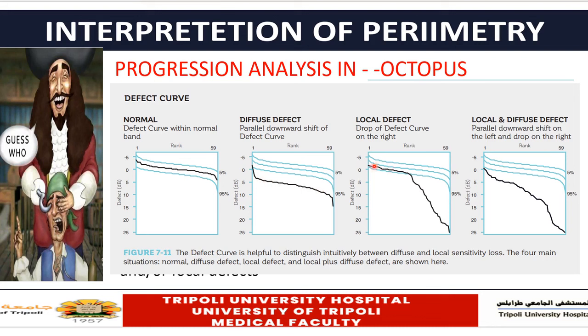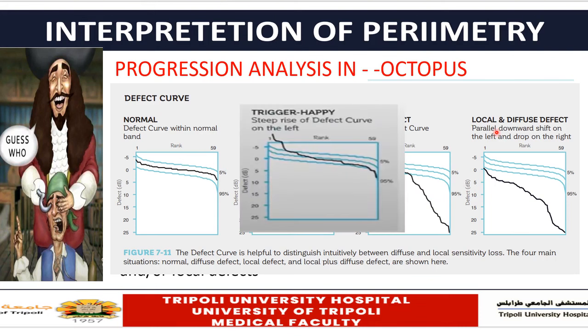Or sometimes the normative data is okay, then there is a sudden abrupt drop or shift in the right side of the slope of the curve, or a combination of both, a generalized downward shift along with the defect, indicating local and generalized depression. So it is a nice and simple curve that immediately highlights what's wrong with this patient, and it makes you think what could be the reason for this: either generalized depression, or a combination of local and generalized depression, or just focal depression.